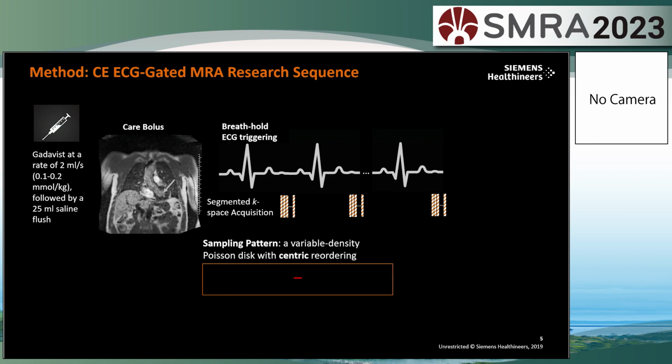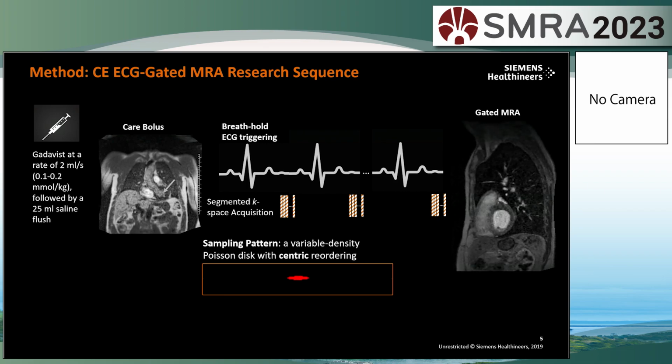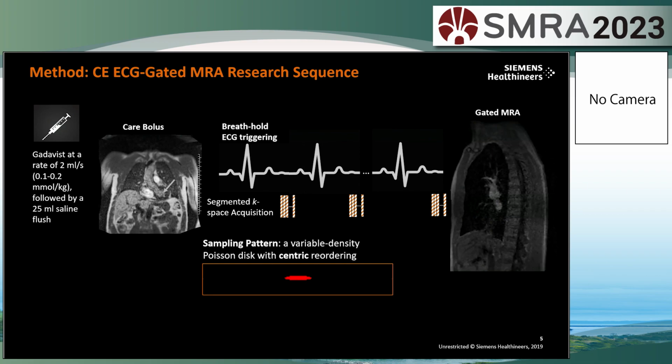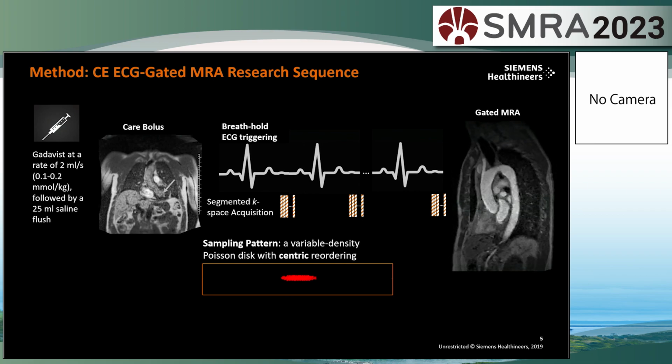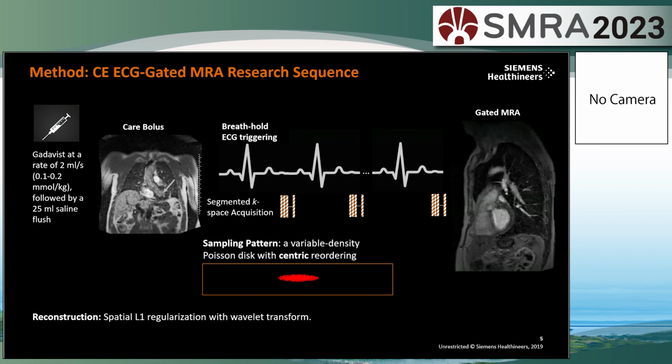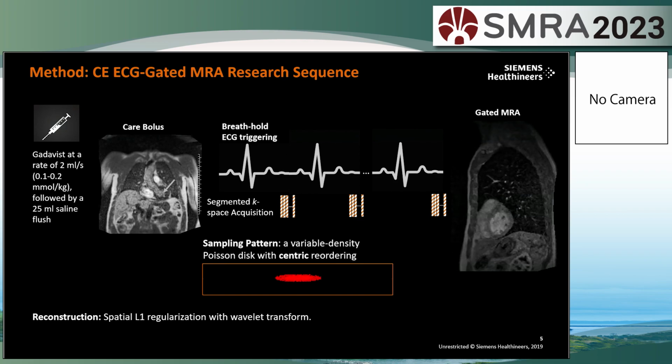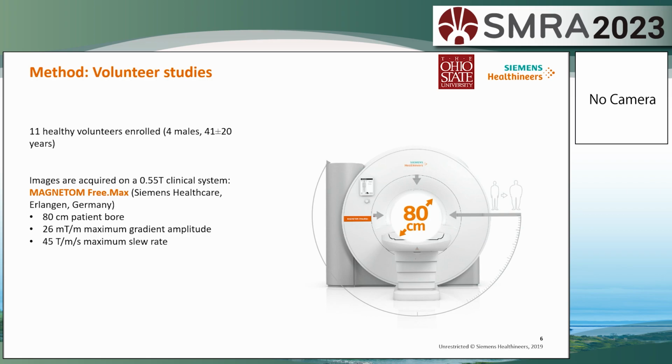The sampling pattern is a variable density Poisson disk. Then we perform the gated MRI acquisition in the sagittal oblique orientation with a 3D gradient echo sequence. For reconstruction, we use a spatial L1 regularization with wavelet transformation.